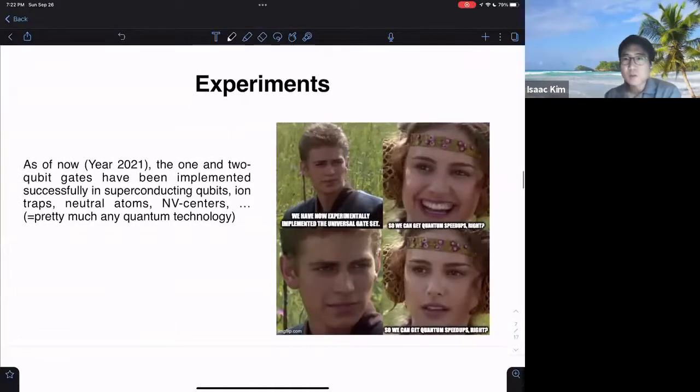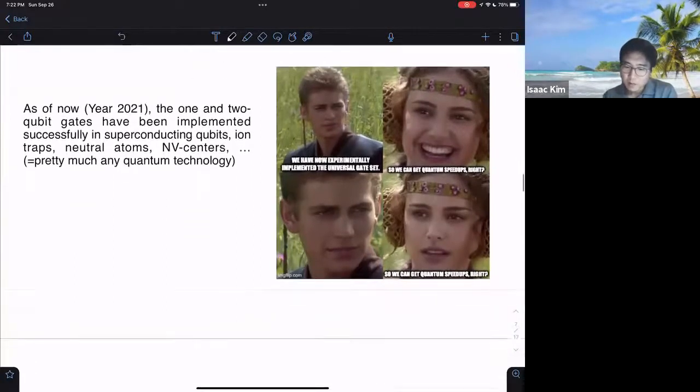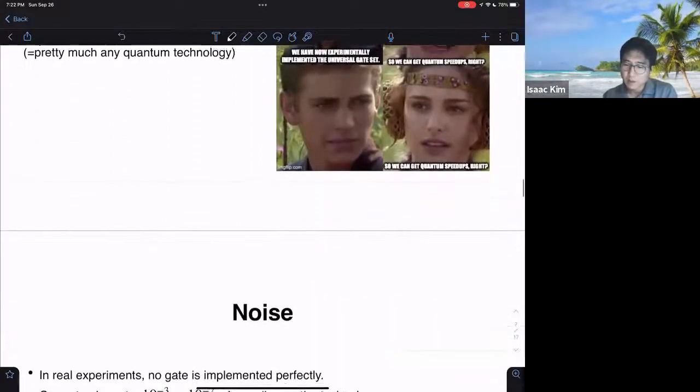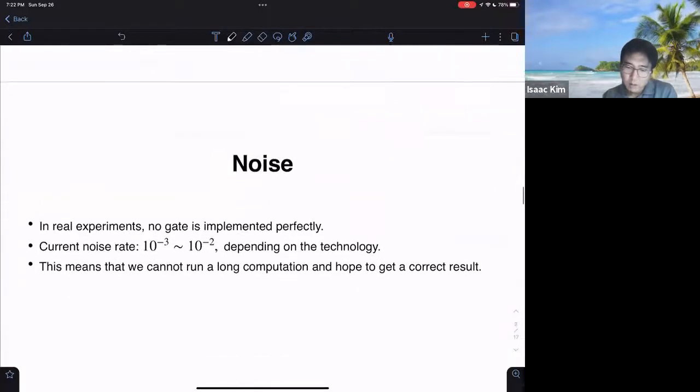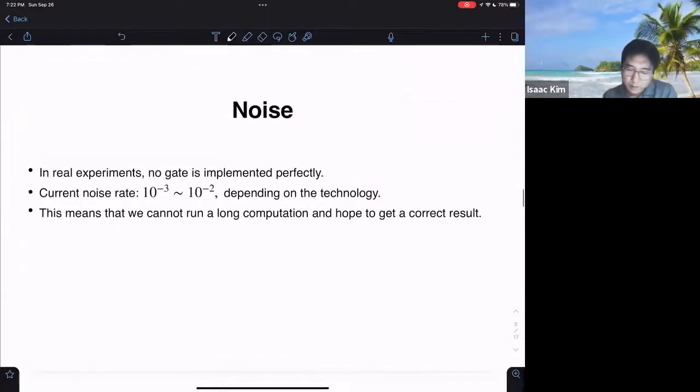These single and two qubit gates are universal for the purpose of synthesizing an arbitrary unitary operator in this large dimensional Hilbert space, but they have some problems in real life. And that problem is noise.